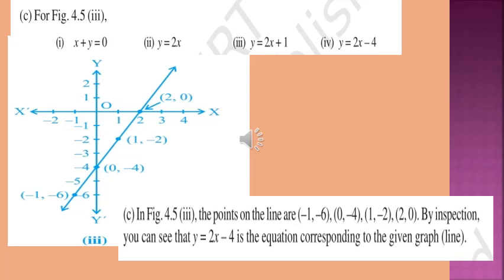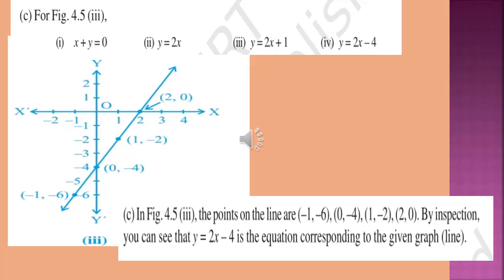Now the third graph. Here (2, 0), (1, minus 2), (0, minus 4), (minus 1, minus 6) are the points given. See here, x plus y equals 0? No, in no case is x plus y equal to 0. Then is y double of x? No, so this is also not the equation. Now in the third case, put the value of x as 2.